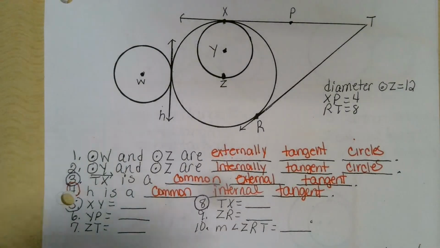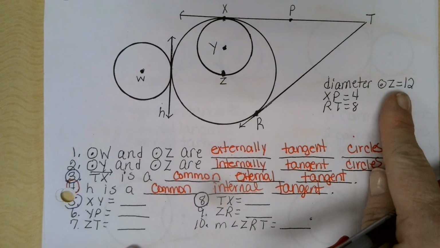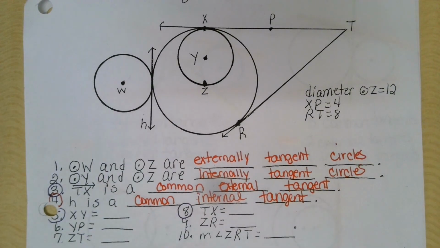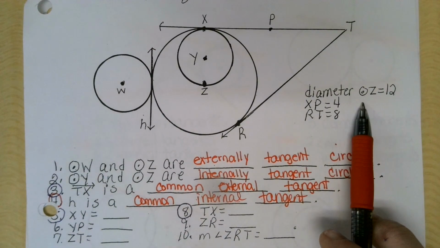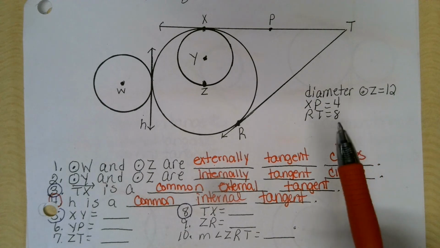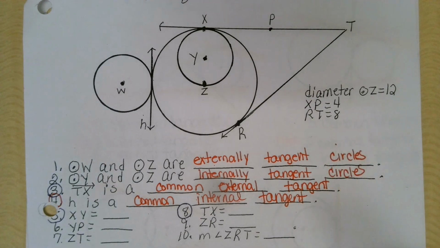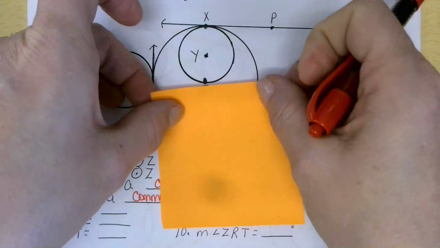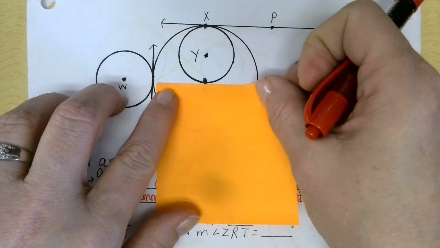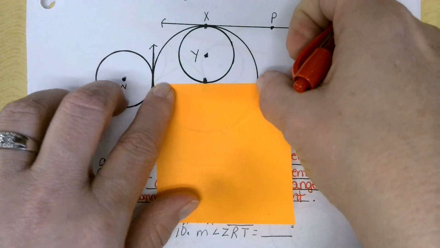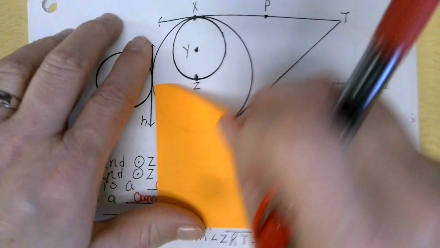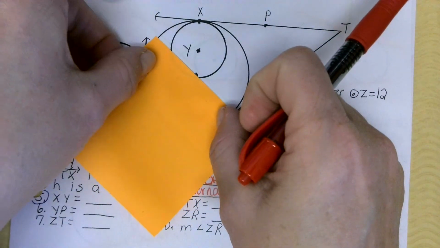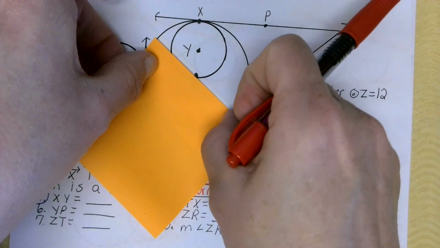Okay, so now we're going to answer some questions with some values, and we're going to put this information into the problem. So I am told that the diameter of circle Z is 12. So that means the diameter is not necessarily needed yet. We're not going to draw it in, but the diameter would be from here to here, going through the center. It could be from here to here, going through the center.